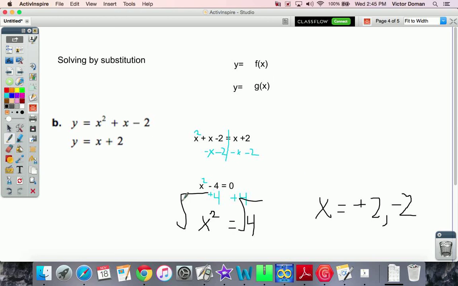All right. So naturally, that is only going to be my x values, so I'm going to have to substitute those back in order to find the y values. I'm just going to pick whatever's easiest, so I'll plug into my linear equation. I'm going to plug in 2 and negative 2. 2 plus 2 is 4, and negative 2 plus 2 is 0.